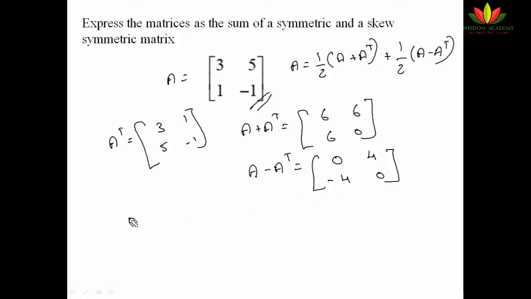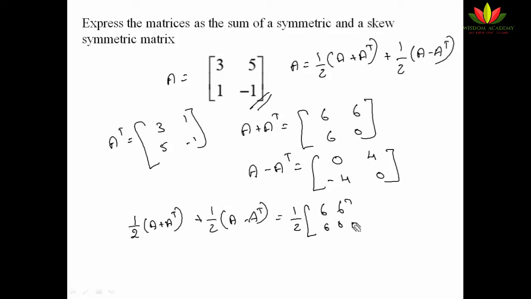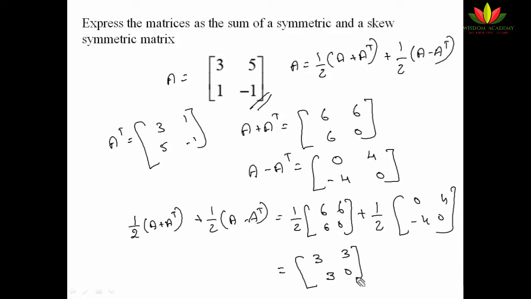So I am going to substitute here. 1 by 2 (A plus A transpose) plus 1 by 2 (A minus A transpose) is going to be equal to 1 by 2 [6, 6, 6, 0] plus 1 by 2 [0, 4, minus 4, 0], which is going to be [3, 3, 3, 0] plus [0, 2, minus 2, 0].